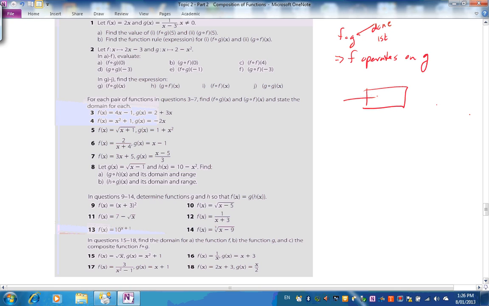And if you like, you're going to have a result of g going in there to work f on it, and then you'll get the range of the composite function f of g of x coming out the other side, if you like. But you actually have to start with a feed-in value, a domain value from g. G has to be done first.